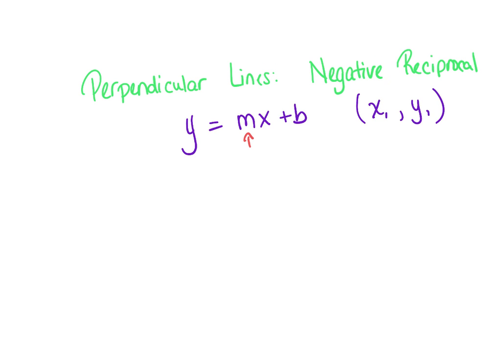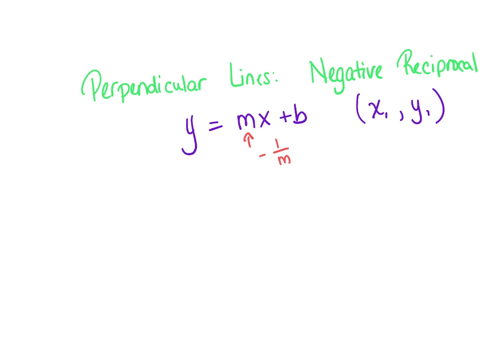So we have to flip that upside down. If it's a fraction, you flip it. If it's a whole number, you just put 1 over, which technically you're doing 1 over the fraction too, but it ends up just flipping it, all right? And you have to change the sign. So if it is positive, you change it to negative. If it's negative, you change it to positive, okay?